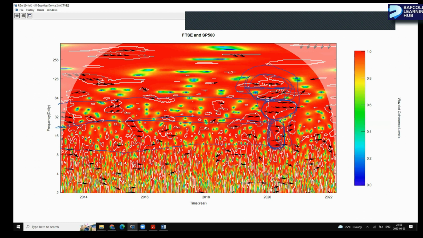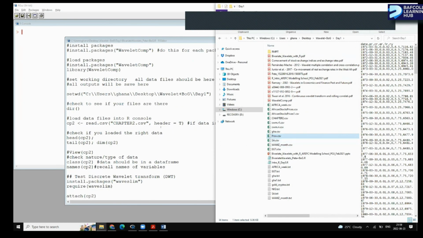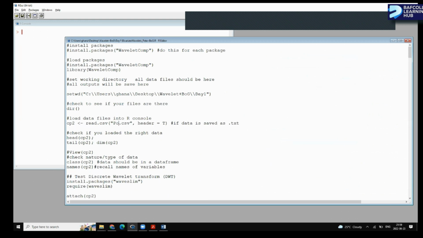So a lot of activity is from the medium term, going around 2020 to 2021. And then in the long term, we have between the end of 2013 and about the end of the whole of 2015. Yeah, so you can just leave it blank, that there's no composite leading or lagging variable. So this is how we do it. Okay, so the data is prof.